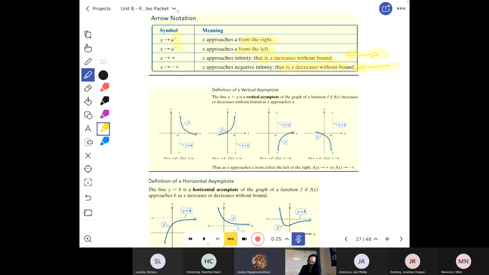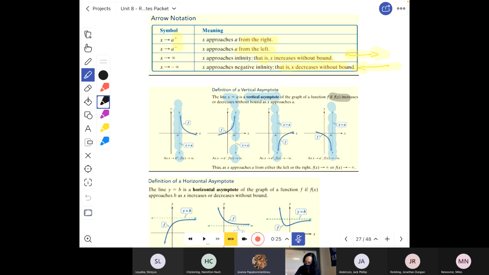So let's go look at this. Here I have a vertical asymptote at x equals a. In each of these graphs, this is my vertical asymptote. So the graph of the function f of x either increases or decreases as we get closer to the asymptote.